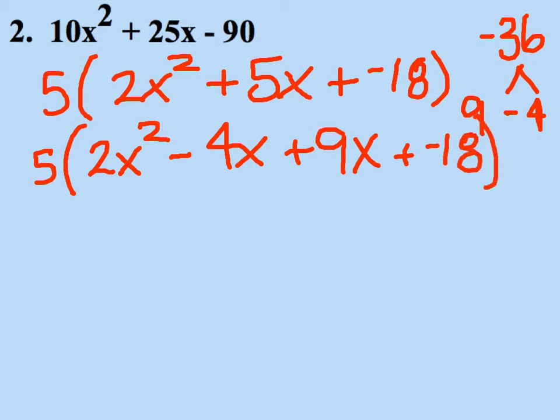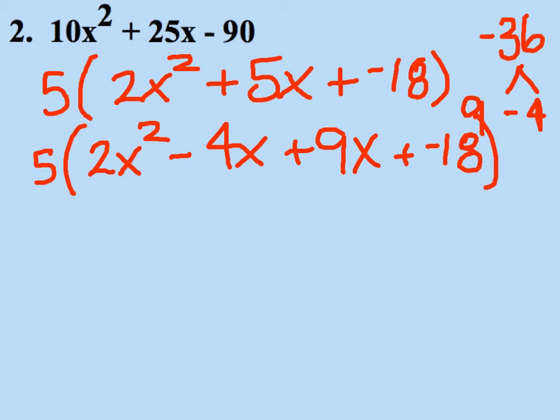Now don't get confused here because in a second I'm going to have a double set of parentheses. One more thing I want to point out is that if I were to simplify this polynomial, it would simplify to be this trinomial, because negative 4x plus 9x is going to give me 5x. So those terms would combine.